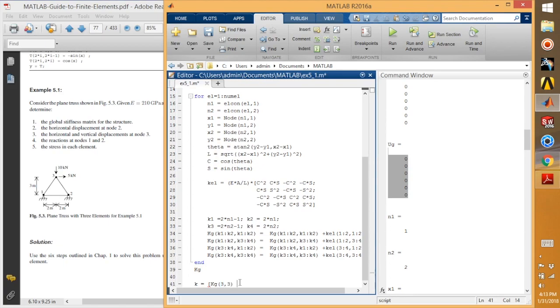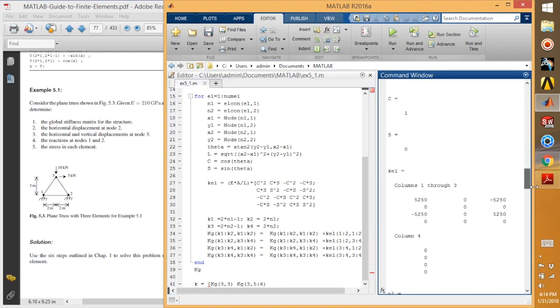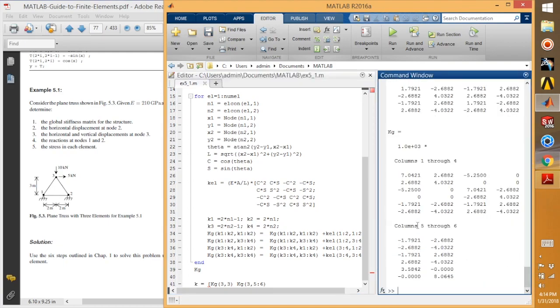What we are taking is the third row from the global stiffness matrix, and then the 5th to 6th columns. So 3, 3 means this one, and 3, 5 to 6 means this point and this point.